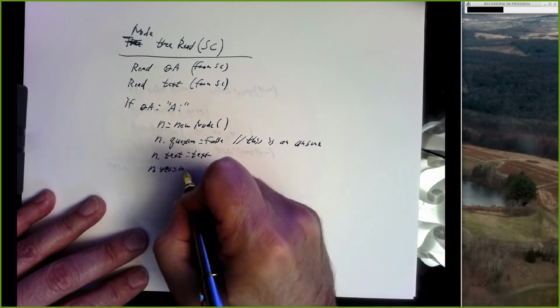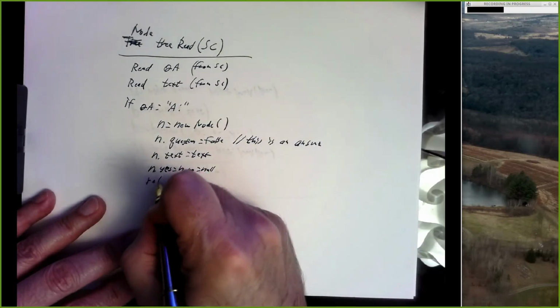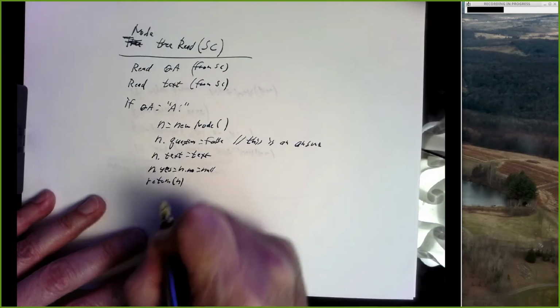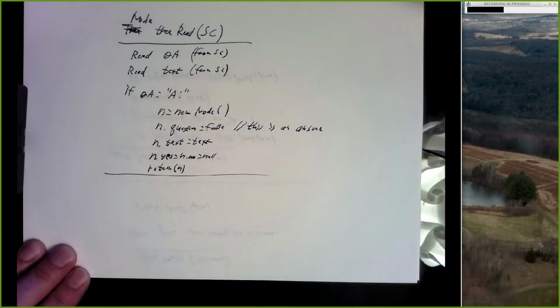And n.yes equals n.no equals null, because answer nodes don't have any children. And then we just return n. So if the current place that you are in the input file is pointing to an answer, tree read simply reads that answer node, the A colon and the next line which has the text, builds a single node and returns that. So it's just returning a leaf node.